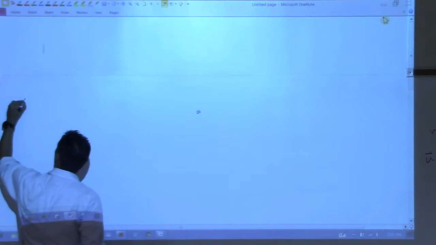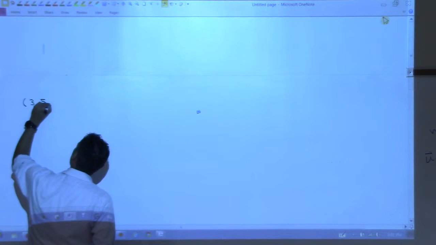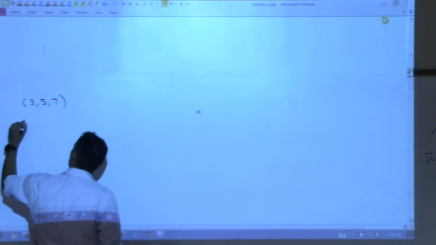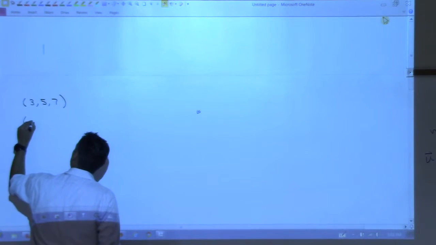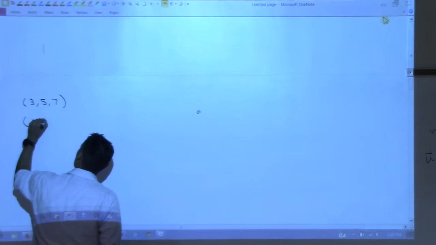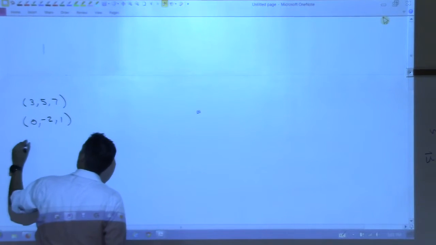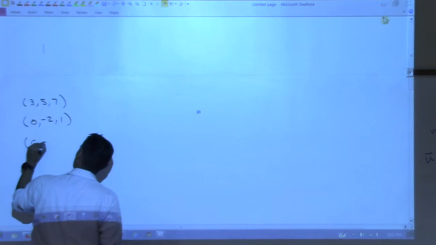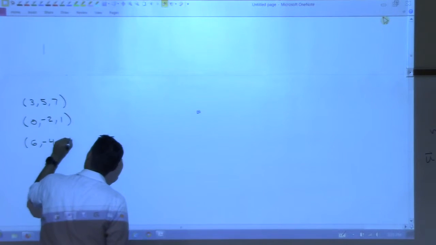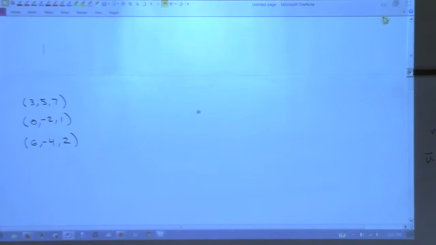Let's say we have 3 points in space. Say we have the point 3, 5, 7. Let's say we have the point 0, negative 2, 1, and we have the point 6, negative 4, 2. All right, take these 3 points in space. I'd like for us to create a triangle out of these.